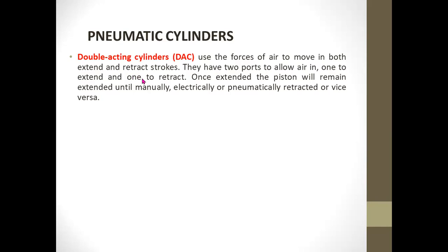In the double acting cylinder, it uses the force of air to enable the cylinder to extend, and at the same time, it uses the force of air to enable the piston rod to retract. So the difference is that the single acting cylinder uses the spring, whereas the double acting cylinder uses the air to retract.